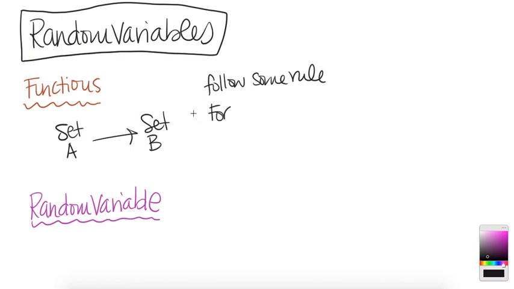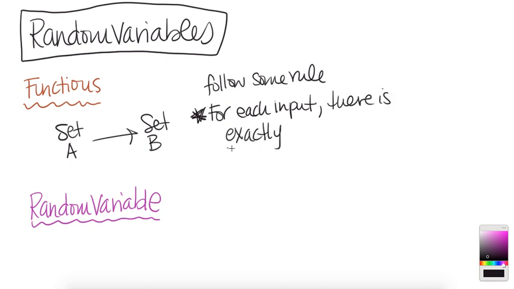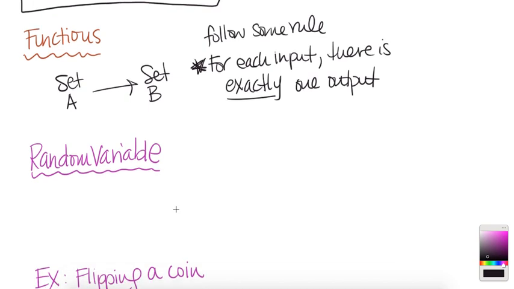And the main thing for a function is that for each input, there is exactly one output. Okay. So random variables are going to be functions that have to do with probabilities and sample spaces.